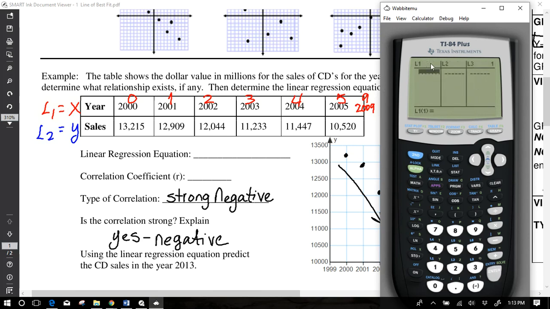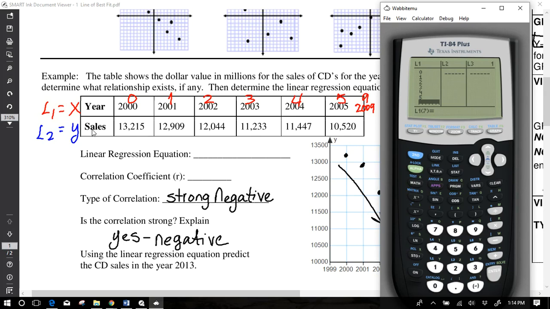And my table is cleared and ready to start typing my X values. So 0, enter, 1, enter, 2, enter. So you have to hit enter after each of the numbers. I'm not going to type in the 9. That was a made up year that I just put in there to determine what the value is that I would type in there, just to show you an example.